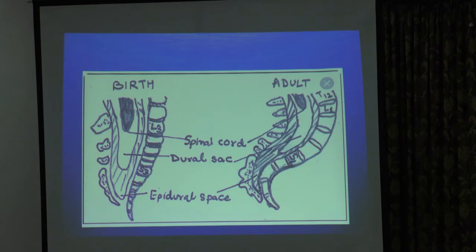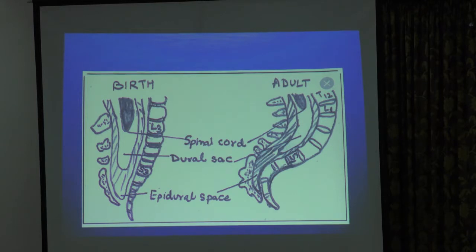And note where you are allowed to do the spinal. The safest places are L3, L4 and L4, L5. These two spaces, between L3 and L4, and between L4 and L5.